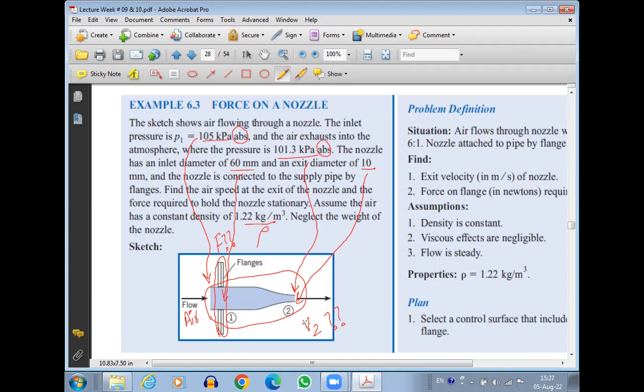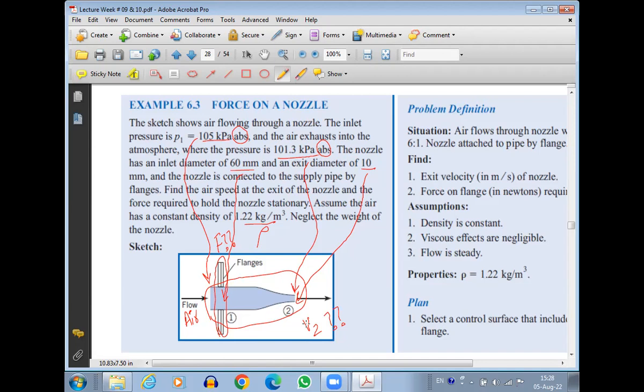We have a nozzle here connected with a pipe, held together with the help of flanges, and the absolute pressure at the inlet of the pipe is provided. The exit of the nozzle is going into the atmosphere. The atmospheric pressure, absolute value, is also provided. The diameters at the exit and the inlet of the nozzle are provided.